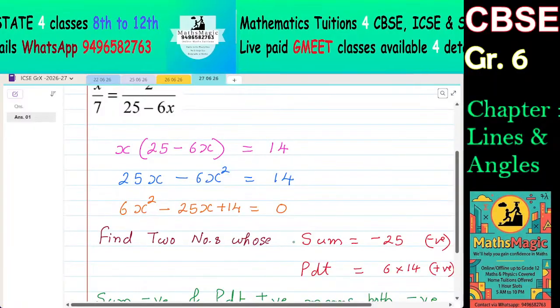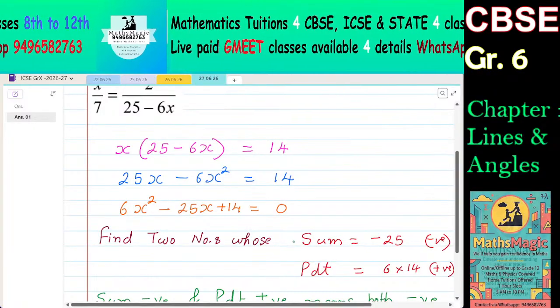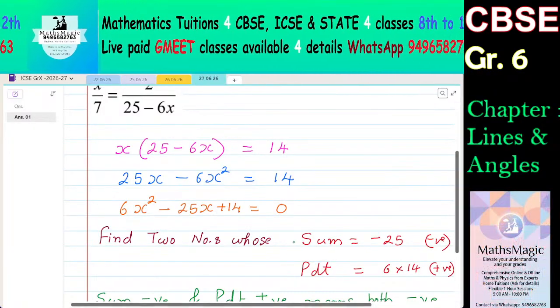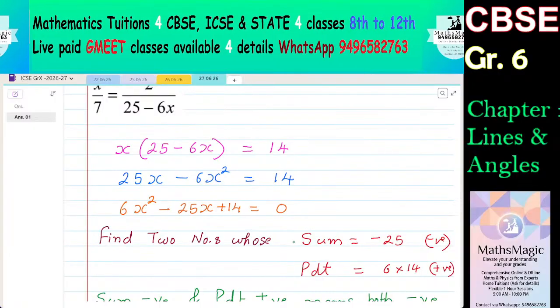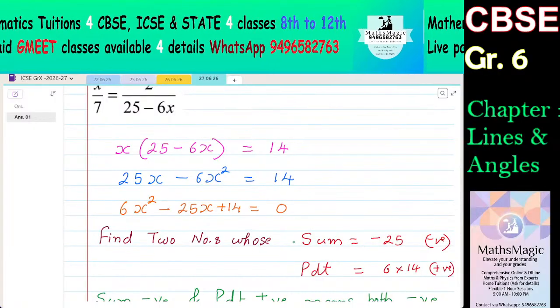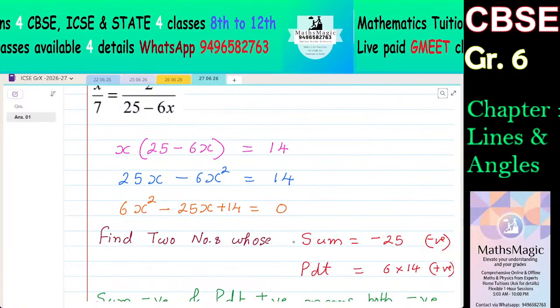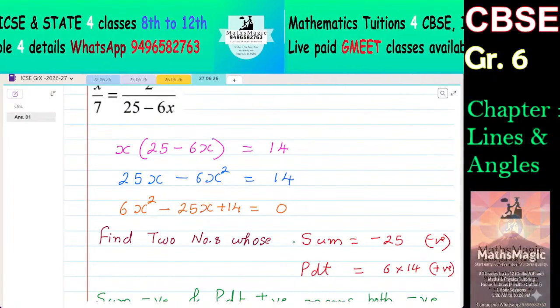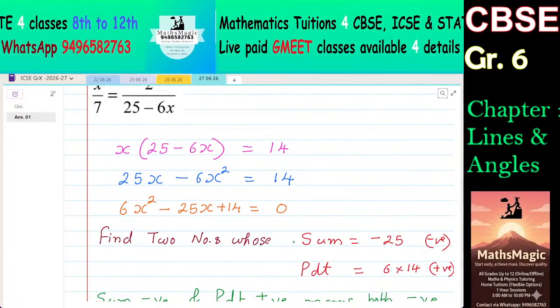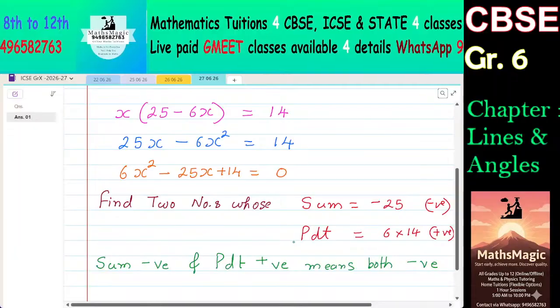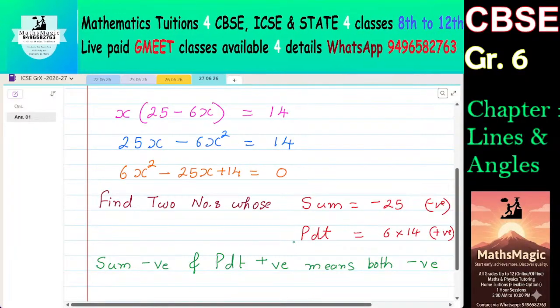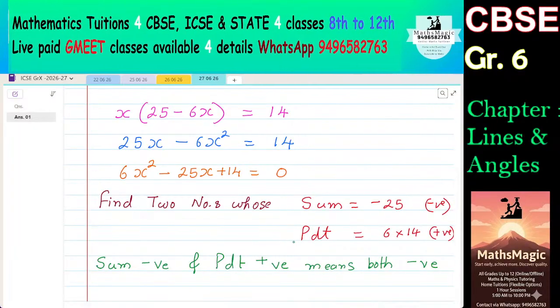So here we need to find two numbers whose sum is negative 25, that is the coefficient of x, and the product is 6 times 14, which is positive. If the sum is negative and the product is positive, it means both the numbers are negative.